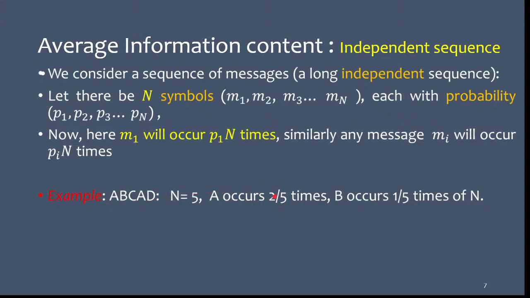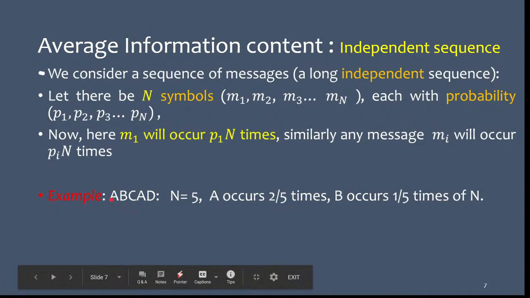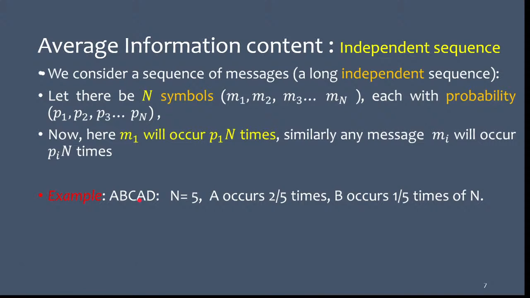That's the weightage of this particular message A. B occurs 1 by 5 times. 1 by 5 is the probability of B, and there are 5 letters, so n is 5. Similarly, for A, the probability is 2 by 5. The length n is 5.